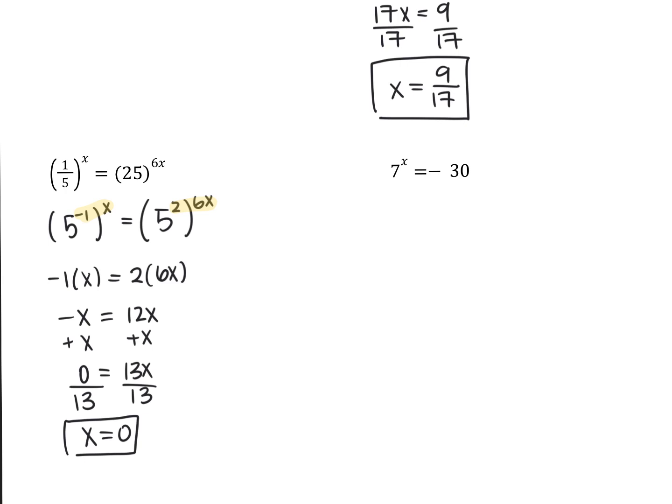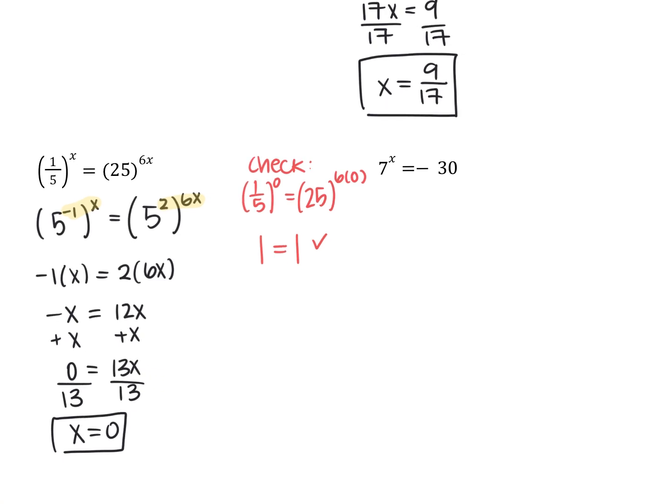So remember, if I check this, I get 1/5 to the 0 equals 25 to the 6 times 0. And we discussed this. Anything raised to the power of 0 is 1. So 1/5 to the 0 is 1. 6 times 0 is 0, so I have 25 to the 0, which is also 1. So it does work. x equaling 0 is a solution.